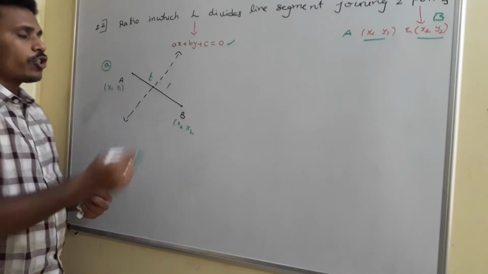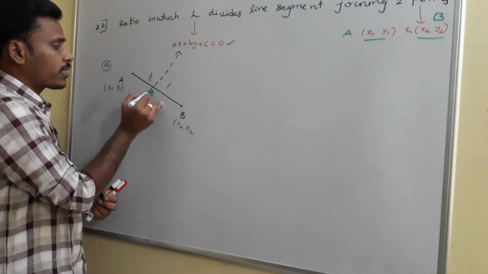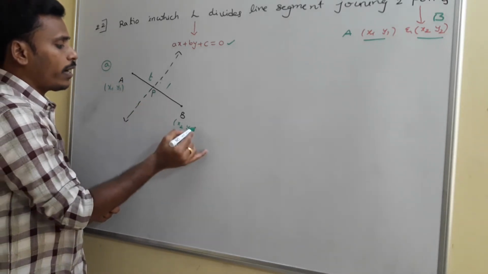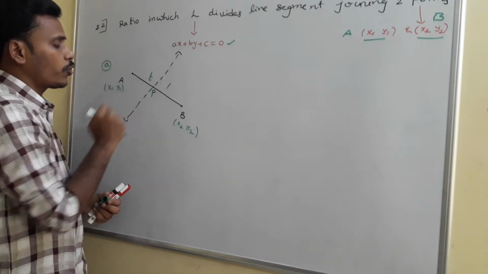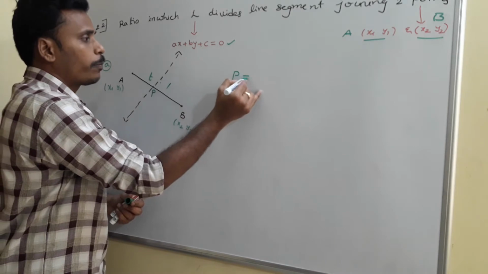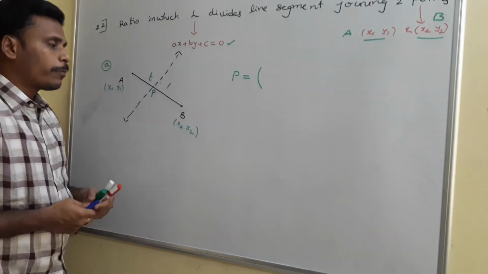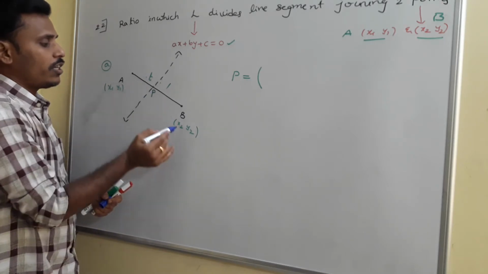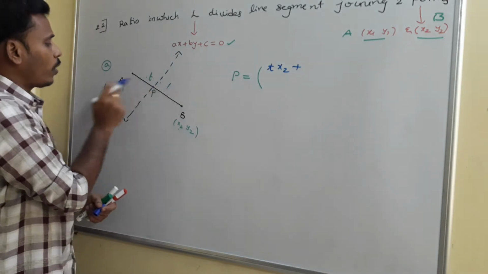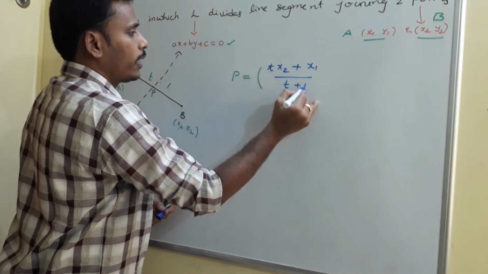Let the ratio be t is to 1, and let this point be some P. As we know the section formula, we have 2 points (x1, y1) and (x2, y2) and the ratio t is to 1. Then P is given by (t x2 plus 1 into x1) divided by (t plus 1), that is (m x2 plus n x1) divided by (m plus n).